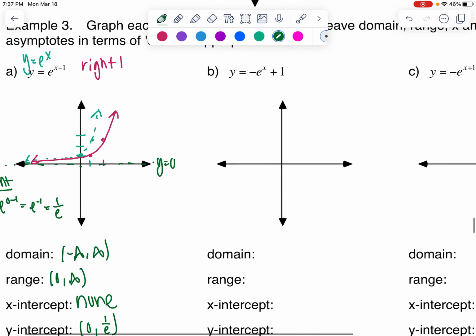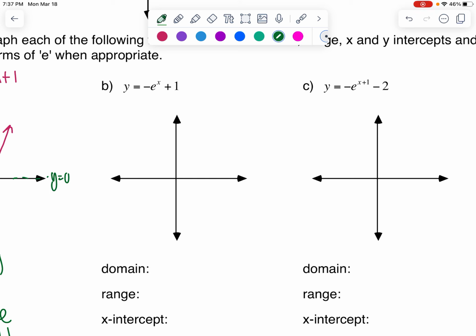Alright, part B. This one, it looks like we're going to flip over the x-axis. And then the second transformation, we're going to go up 1. So again, your parent function is y equals e to the x. That is somewhere around here.